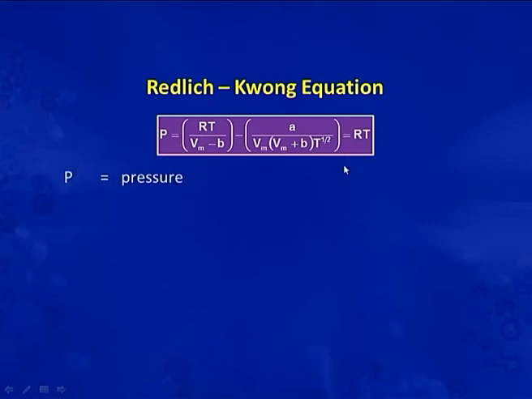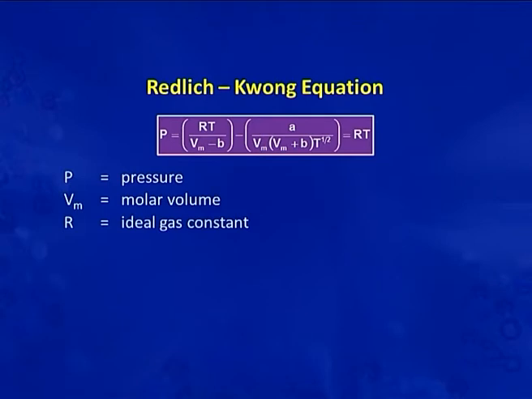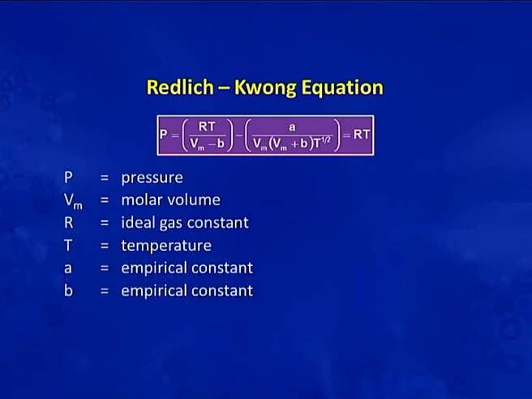Here P is the pressure and Vm is the molar volume, R is the ideal gas constant, T is the temperature, a is an empirical constant and b is also an empirical constant. Here a and b are not identical to the a and b in the van der Waals equation.